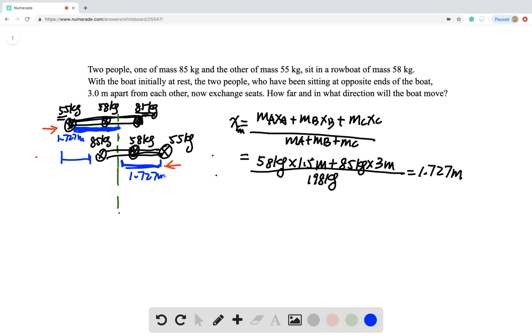So this is 1.727, and this is also 1.727, and at the same time we know that the length of the boat here is 3 meters. So how far will the distance be? If we call it d, d is simply 2 times x of center of mass minus x of the boat.